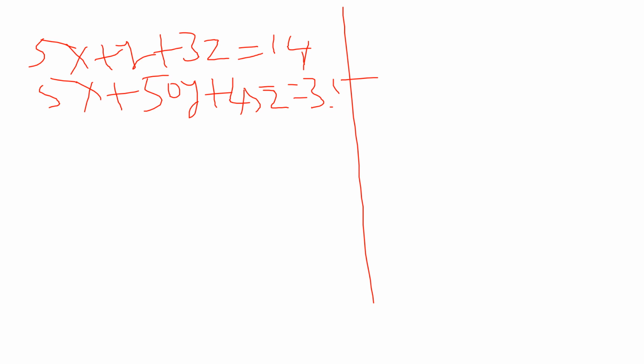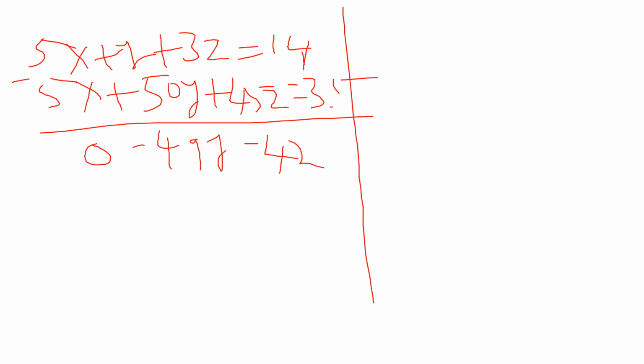So now we can subtract these so that we can eliminate the value of x. Of course, 5x minus 5x becomes 0 here, and then the other one is now y minus 50y. This one is negative 49y, then 3 minus 45, this one becomes negative 42z is equal to, then we have 14 minus 35, that becomes negative 21.